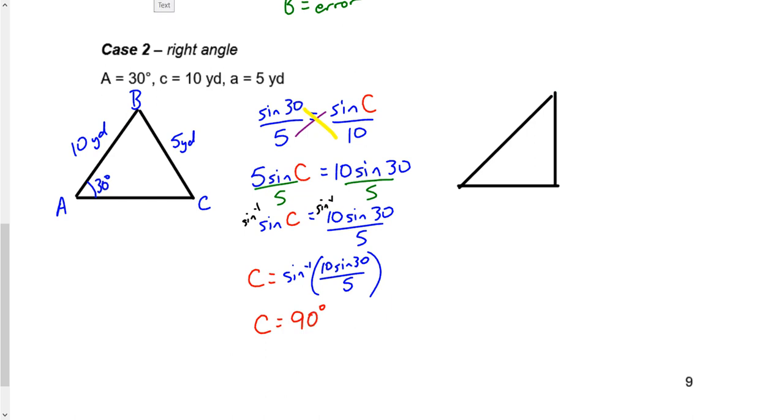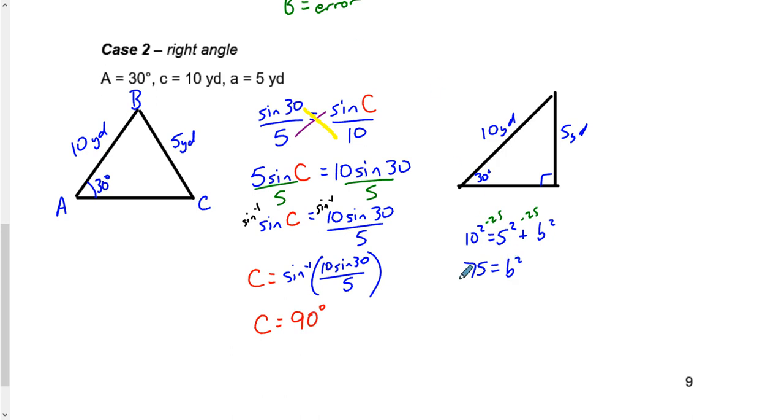So therefore, we can calculate a whole bunch more information. For example, we could use our Pythagorean theorem. That's our 90-degree angle. We can use the Pythagorean theorem to find out what this side is. Doesn't hurt to do it. Let's see, our 10 squared equals 5 squared plus b squared, subtract the 25. So we have 75 equaling b squared.